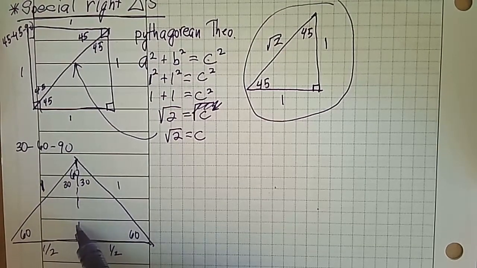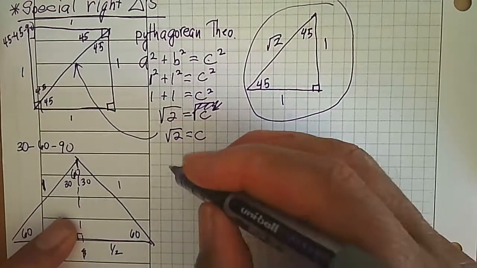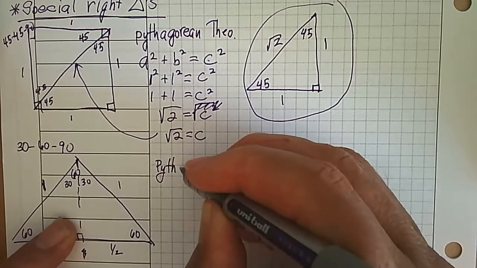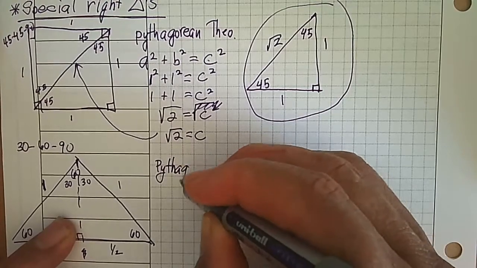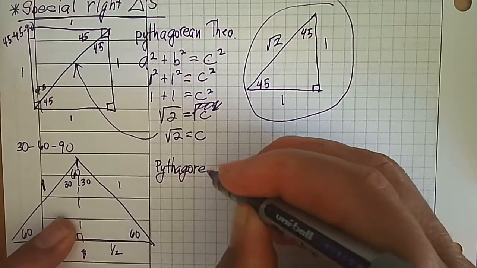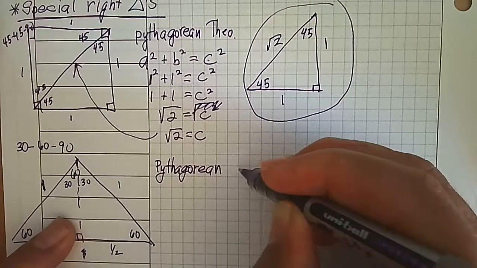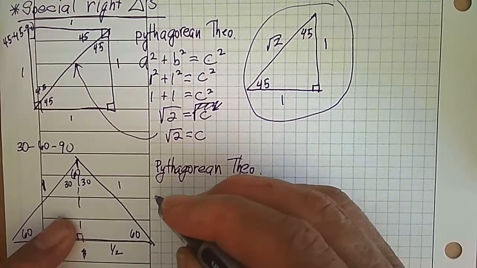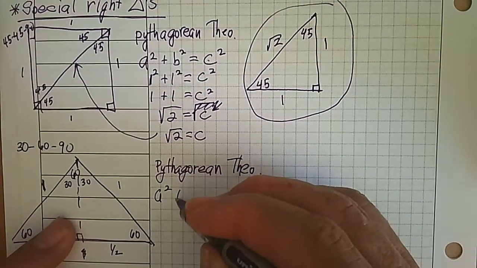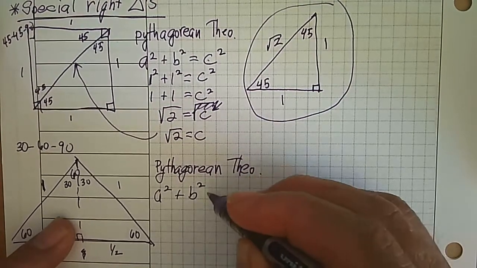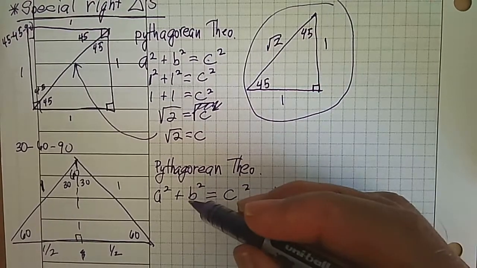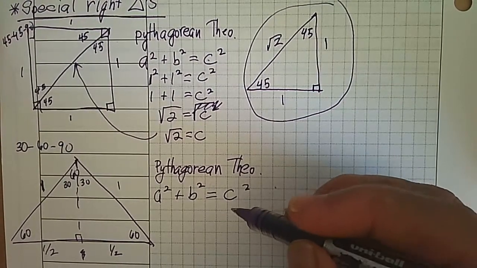So I need to find this side. Using the same thing, the Pythagorean theorem says the following: a squared plus b squared is equal to c squared. a and b are the legs, and c will be the hypotenuse.